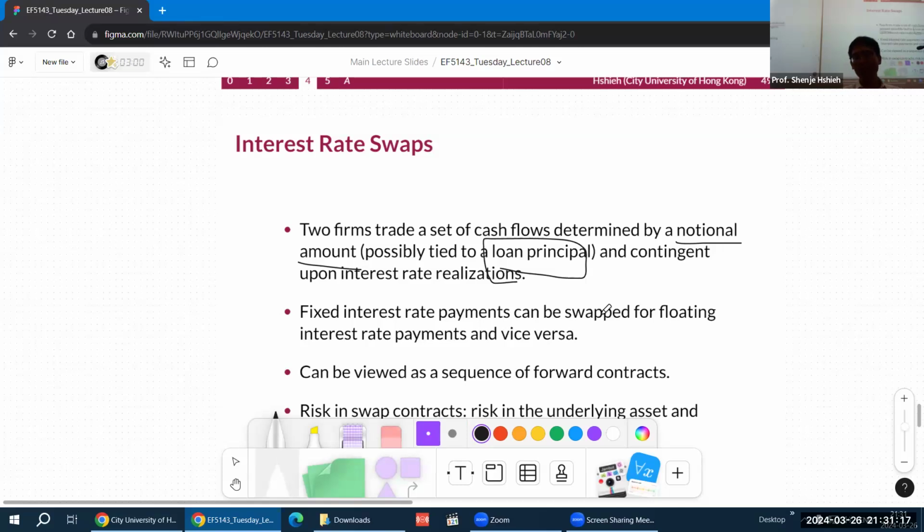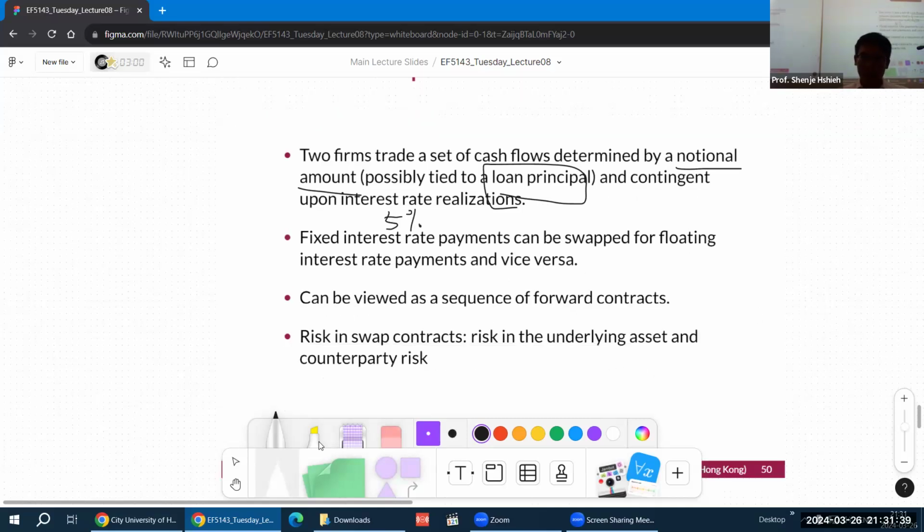If the fixed rate is set by the term structure of interest rates, say it's 5%, then that's the fixed rate forever, for every period, not going to change. And the other counterparty gets the floating rate, whatever that is, and vice versa. Again, it can be viewed as a sequence of forward contracts, but for valuation's sake, we're going to price it just like bonds.